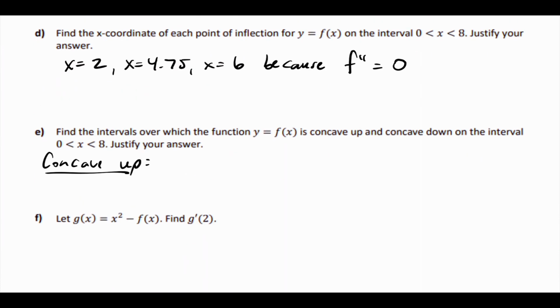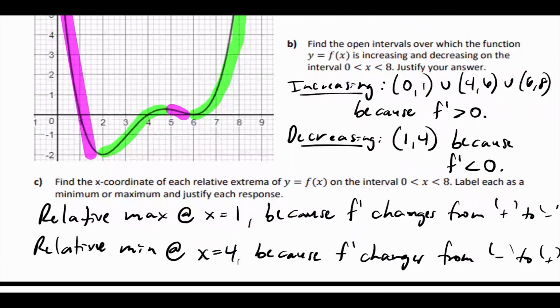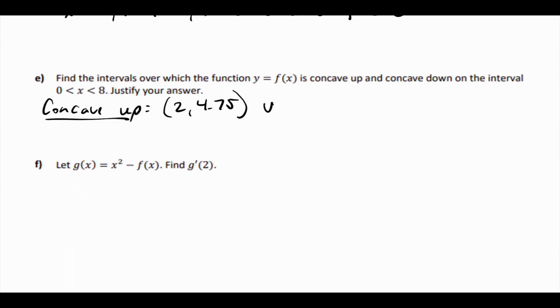So 2 to 4.75. And then from 6 to 8. And then we would say because f double prime is positive. That's where f double prime is positive.